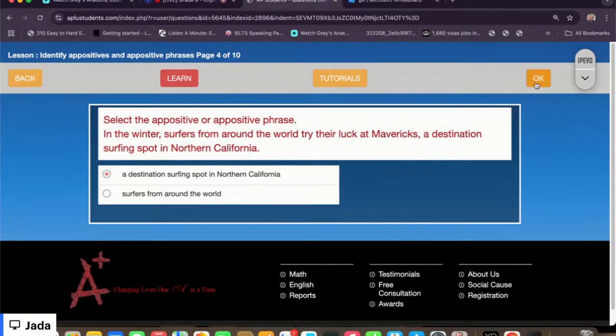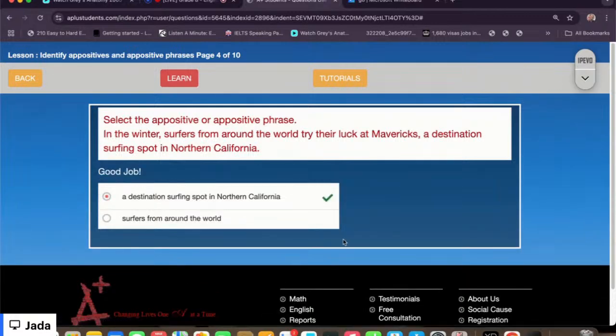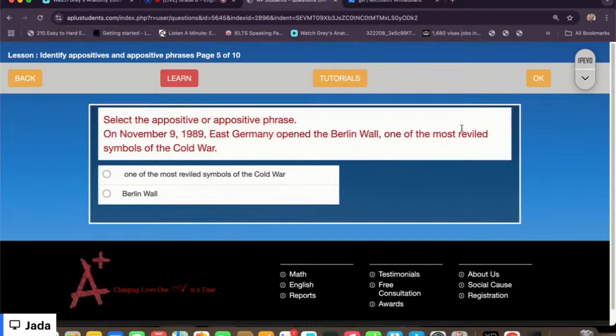So, a destination surfing spot in Northern California.